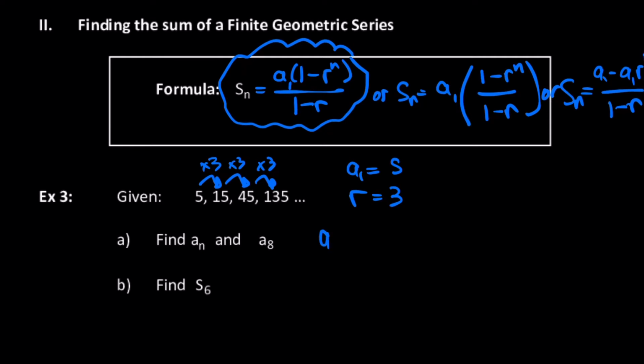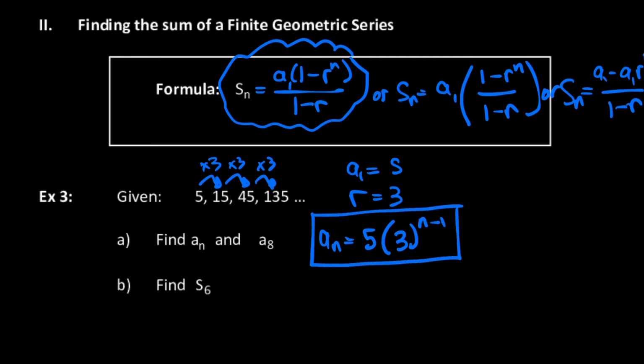My a sub n rule is a sub 1 times r to the n minus 1. To find a sub 8, you just simply plug an 8 in for n. So that's going to be 5 times 3 to the 7th. All right, that's going to be sort of a large number. Let me throw it in my calculator. I got 10,935.